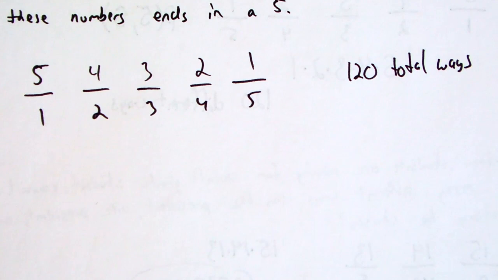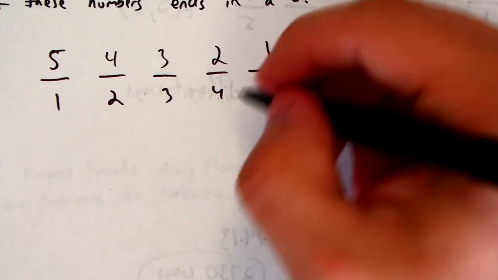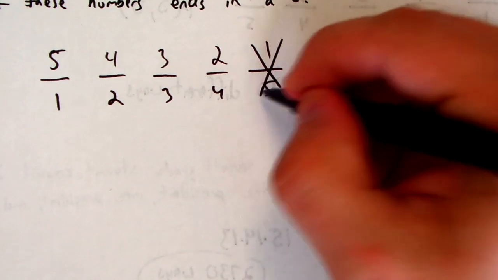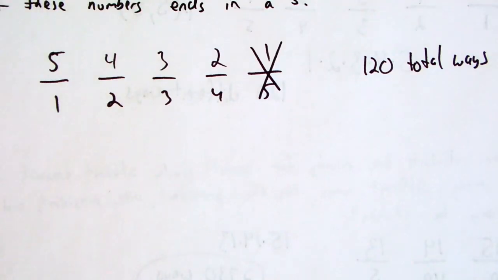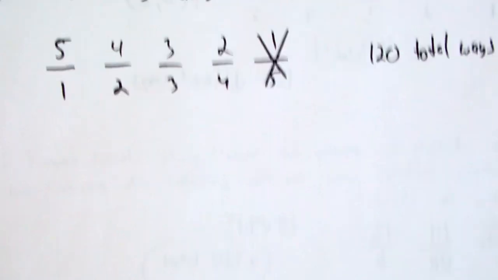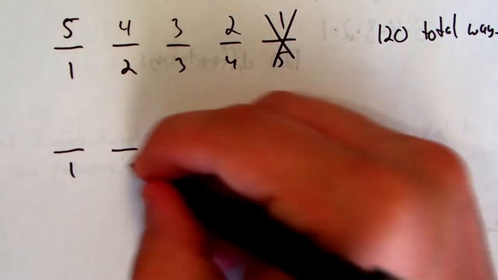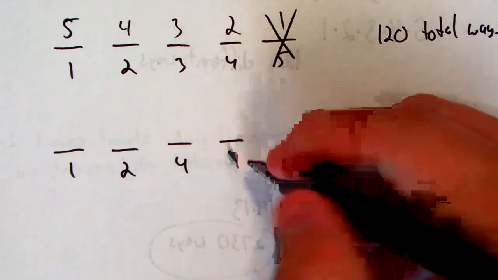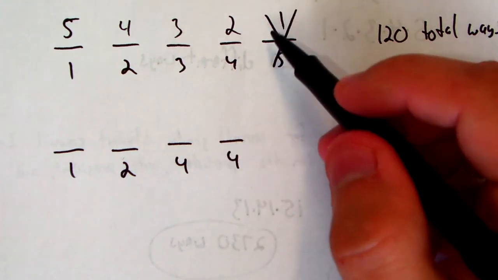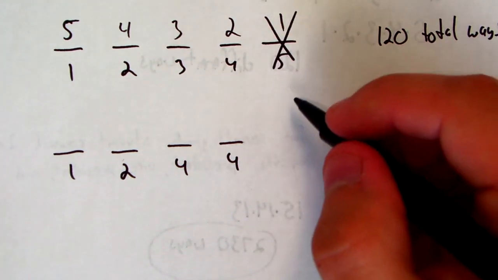Now let's find how many ways we can choose to end in a 5, which means we really take out this last opening, and we've used one of the numbers. So now we only have 1, 2, 3, and 4 openings, because we've used this last number, and that happens to be 5.